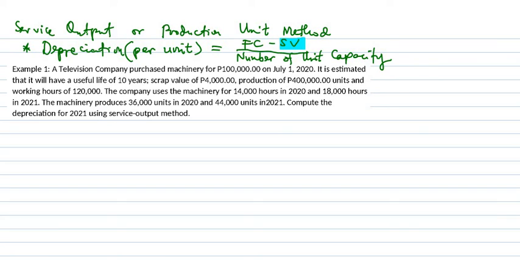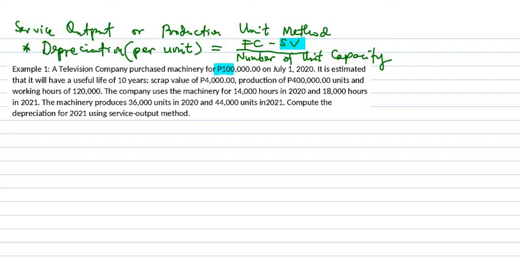So if we want to use the service output method, our main formula is depreciation per unit, which is equivalent to first cost minus salvage value over the number of unit capacity. Going back to our problem, we have to identify our first cost. A television company purchased machinery for 100,000.